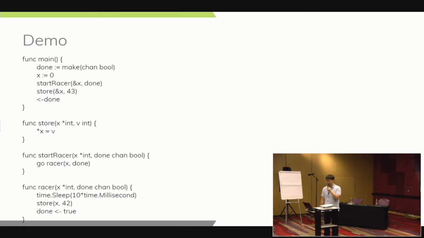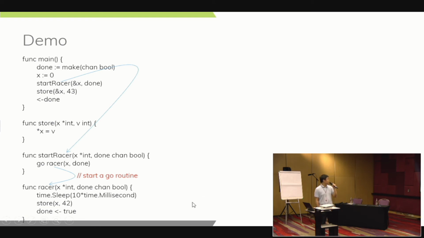Let's take a look at this simple demo about TSan. The main function will call the startRacer function, and the startRacer function will use go racer to start a goroutine. A goroutine is something like a thread, but it's not a real thread.